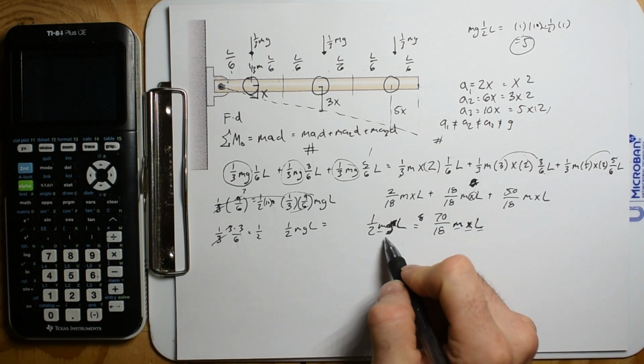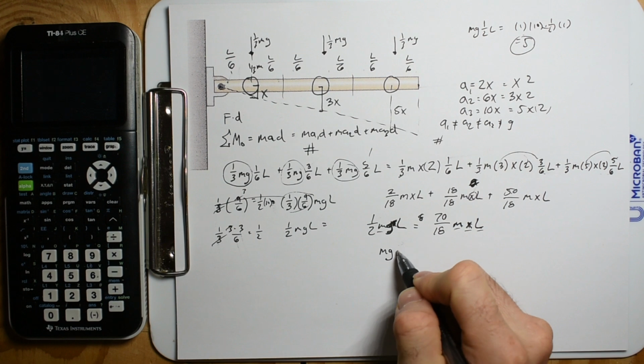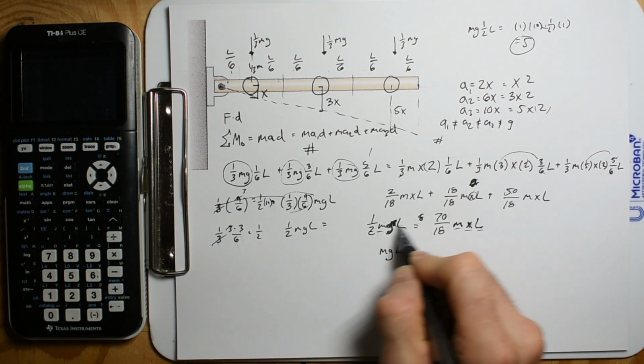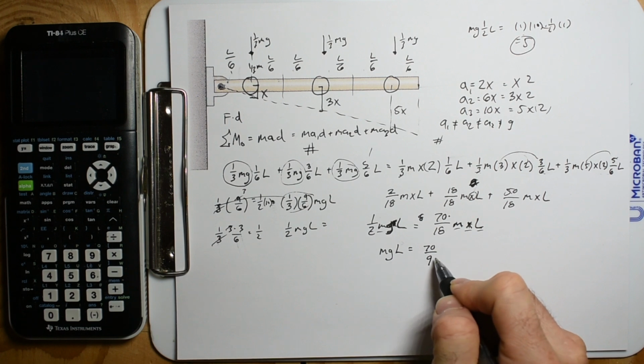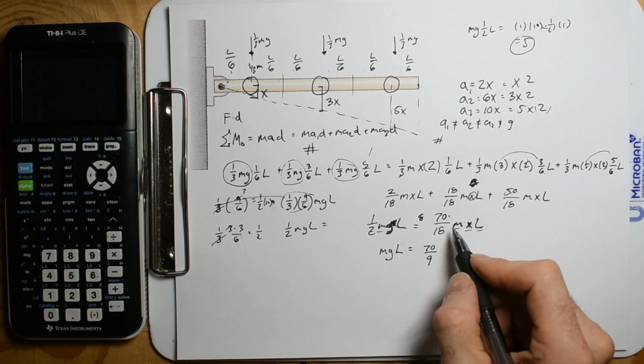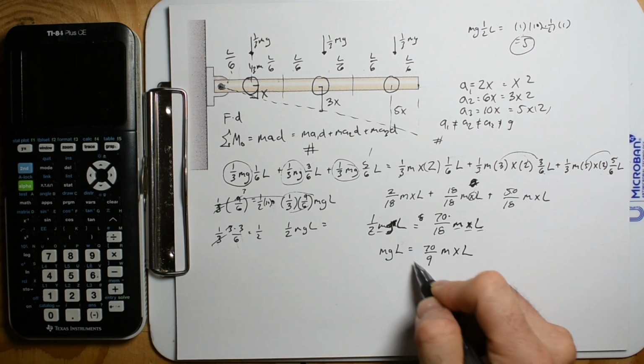Cool. All right, so I'm just going to simplify this. mgl is equal, I'm going to bring the 2 up here, and that's going to be 70/9. Is that right? Yeah, 70/9 mxl.